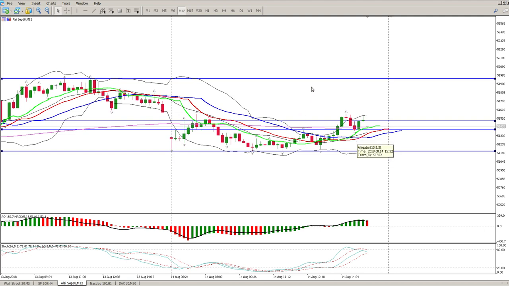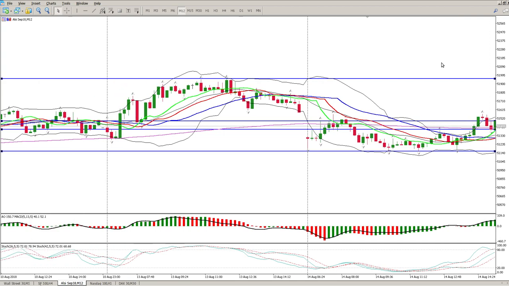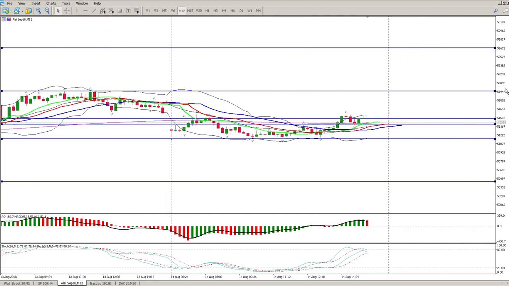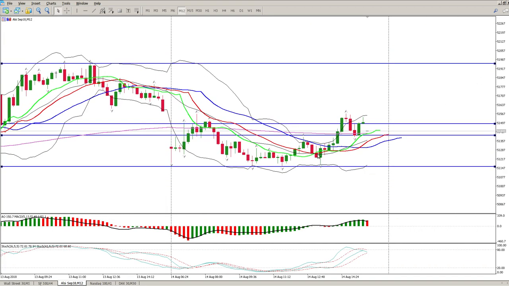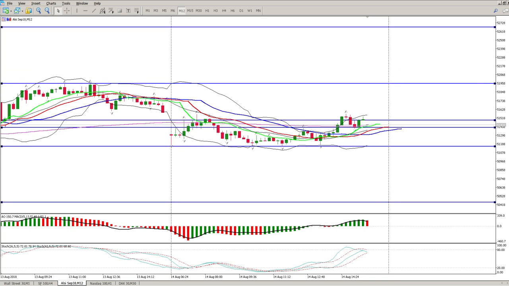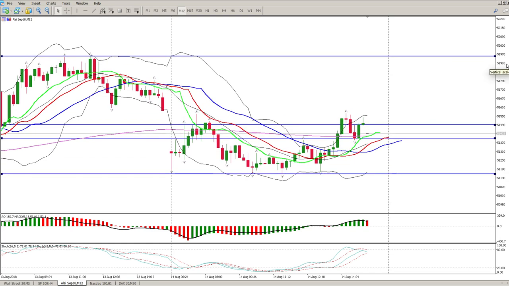I don't see us breaking above 51950 today. If we do, then you have the top target of 52670 to look for. But for me at the moment, all indications are that we are going to be moving to the downside, whether it's just to 51160 or below. That is what we need to watch the price action for.